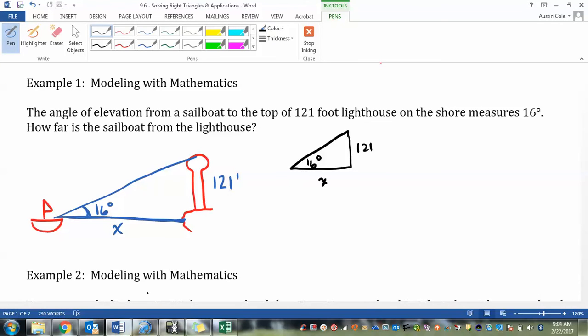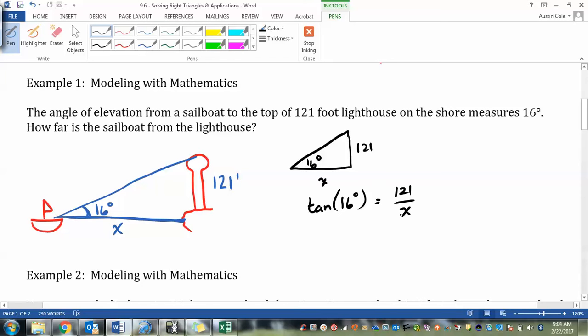Opposite and adjacent, and what's that, Dawson? Sine, cosine, or tangent? That's fine, look at your notes. That's tangent. So I'm going to say the tangent of 16 degrees equals the opposite, which is 121 over X.